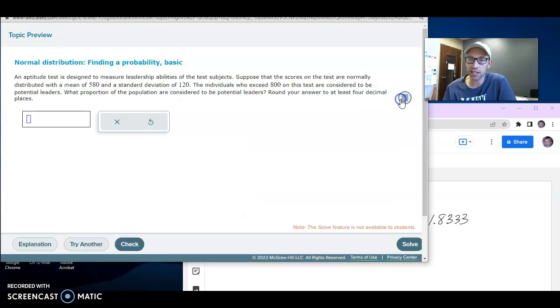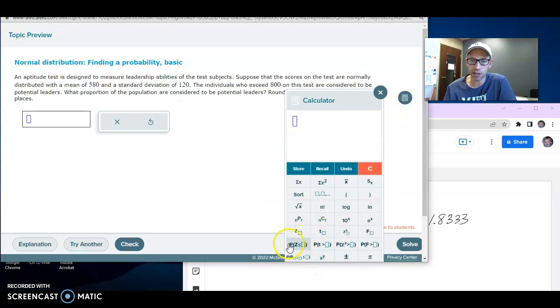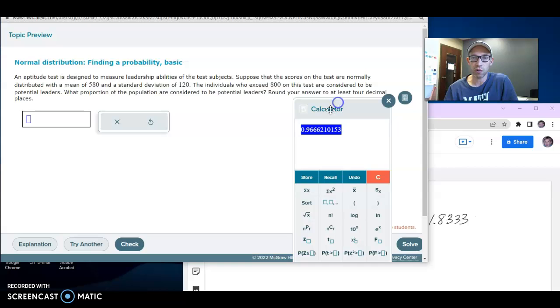Now this is a bit easier to see because it actually shows that. If you see portion of z-scores that are less than or equal to a z-score of 1.8333, this would be 0.9666, and we're supposed to round to at least 4, so let's put that in there. 0.9666.